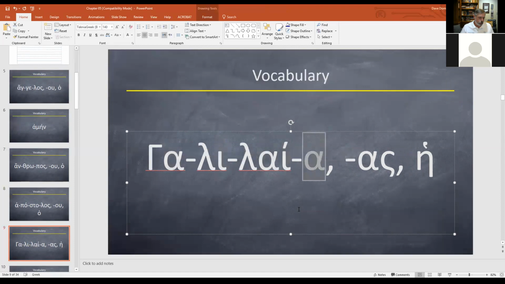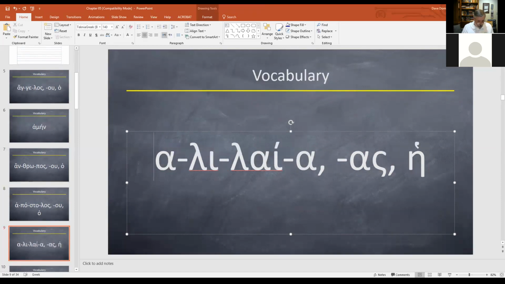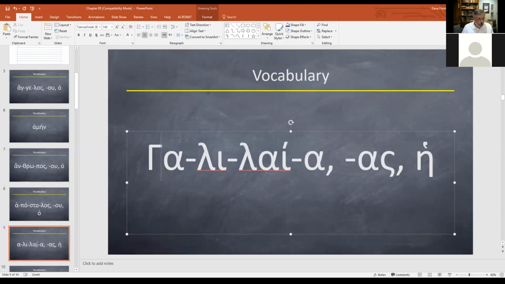So there are four syllables. This is the capital Ga, but it's capitalized. Galilaya. What does Galilaya sound like? It's a place. Galilee, yes. That's why it's capitalized, because it's the name of a place.